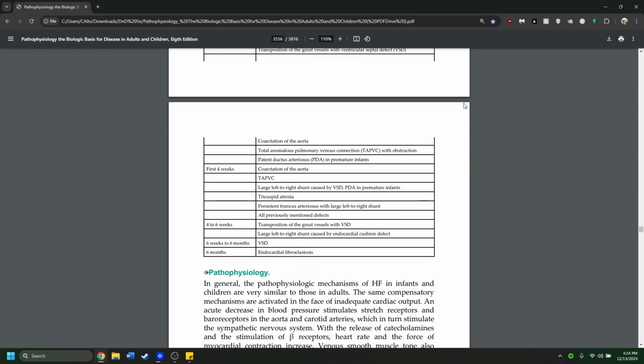And at 4 to 6 weeks, transposition of the great vessels with VSD, and a large left to right shunt caused by endocardial cushion defect. 6 weeks to 6 months is usually VSD, whereas at 6 months it's endocardial fibroelastosis.